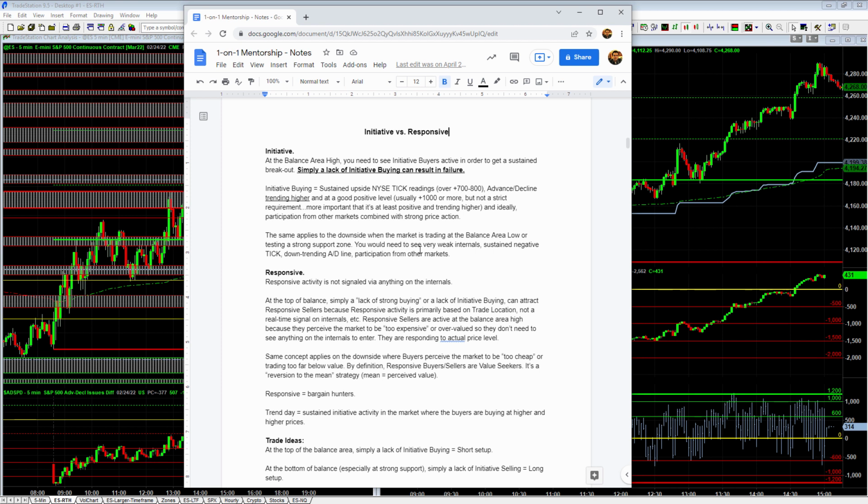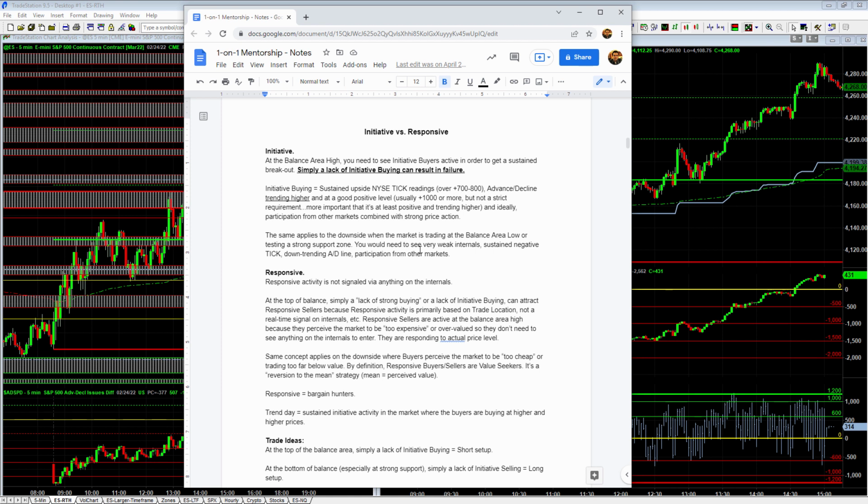Responsive sellers are stepping in at or above the balance area high because they perceive the market to be too expensive and overvalued, right? So they don't need to see anything on the internals. They are responding to the actual price, where the market is trading, hence the term responsive, right?